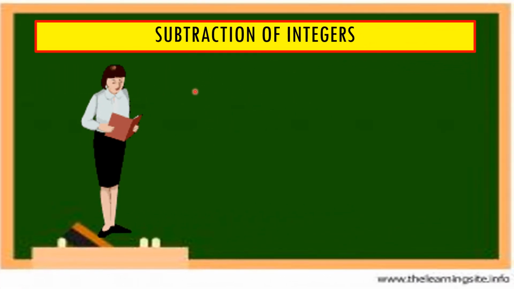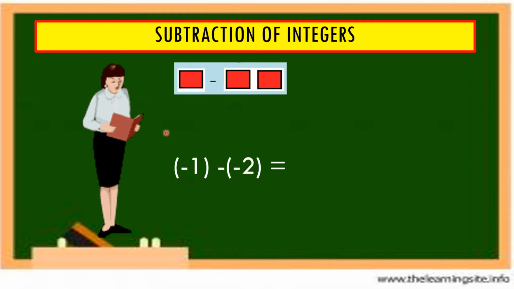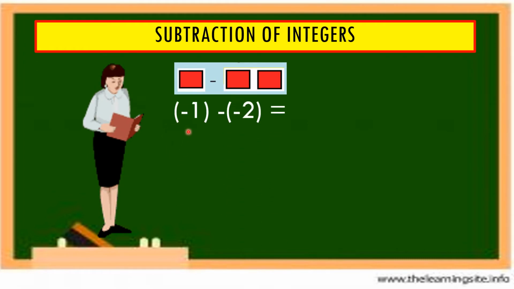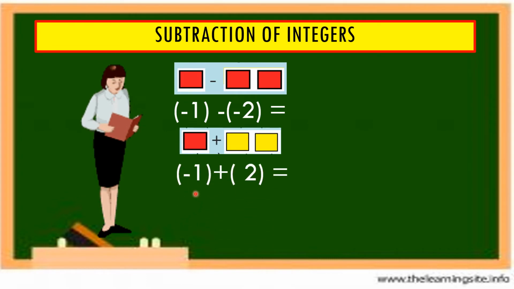We are in subtraction of integers. We have -1 minus -2. The rule is to change the sign of the subtrahend. Our subtrahend is -2 and proceed to the process of addition. So it will become -1 plus +2.